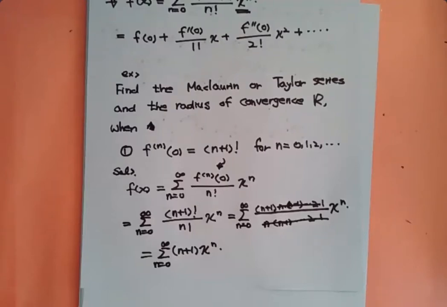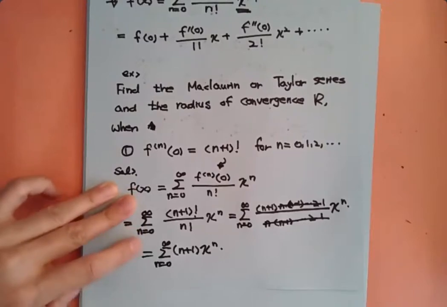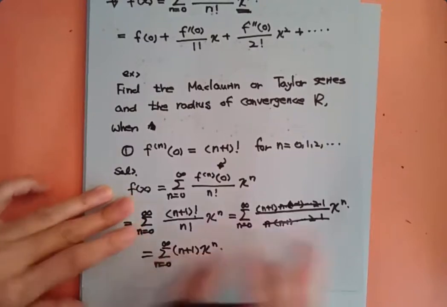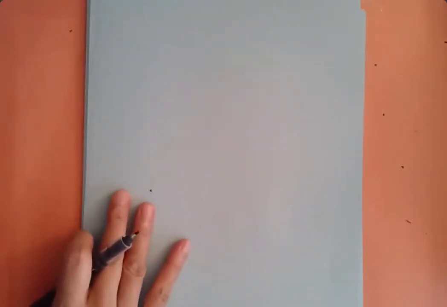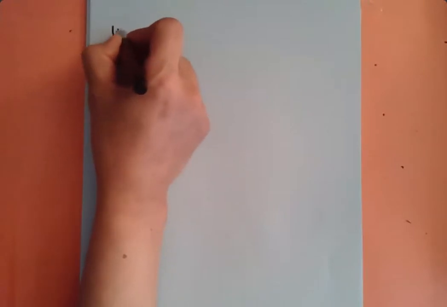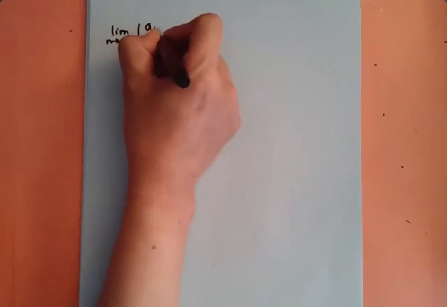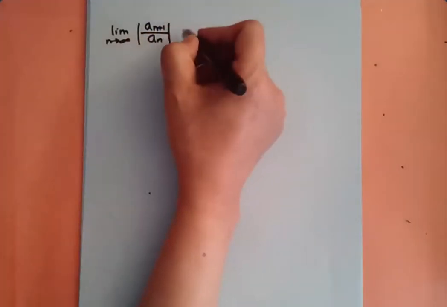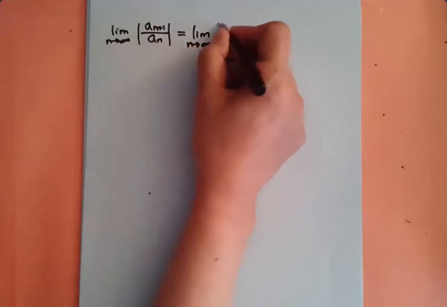So this is just simply using the formula when the nth derivative is given. And for the radius of convergence, when we have a power series or Taylor series, we use the ratio test. So we think about the limit as n goes to infinity of a sub n plus 1 over a sub n.